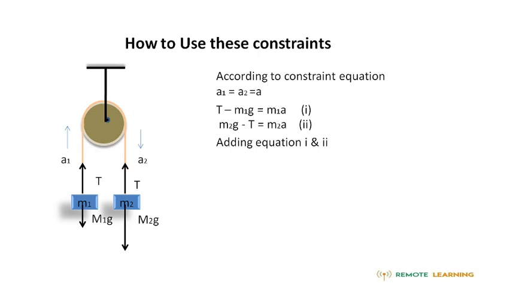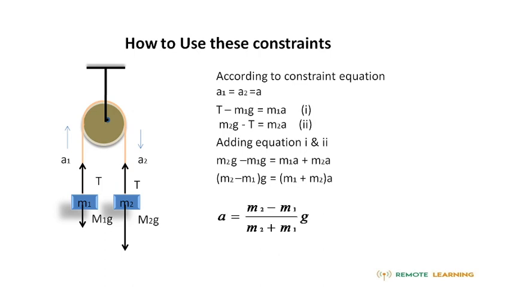On adding the first and second equations, we get this relation, and on taking A common, finally we get A equal to M2 minus M1 divided by M2 plus M1, multiplied by G. This is the relation for this mass and string system: the acceleration is the difference of the two masses divided by the total mass, and the whole expression multiplied by G, which is the acceleration due to gravity.